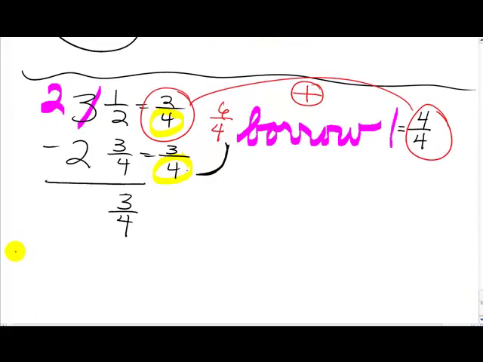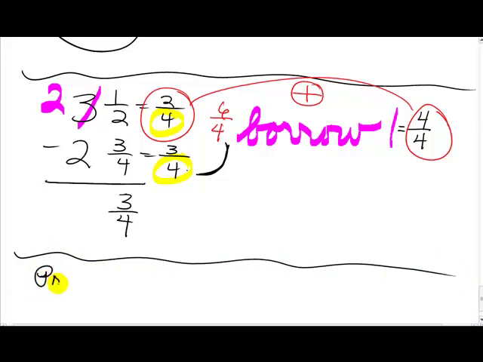Okay, I want y'all to practice with this, because it's probably been a while since you added or subtracted.